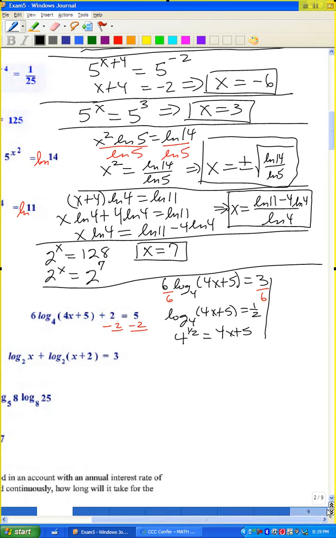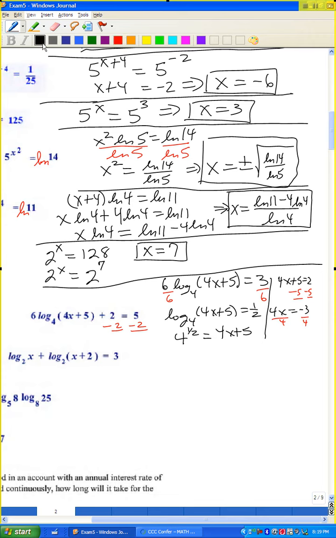The square root of 4 is 2. Subtract 5 from both sides of your equation. And so 4x is equal to negative 3. Divide by 4.